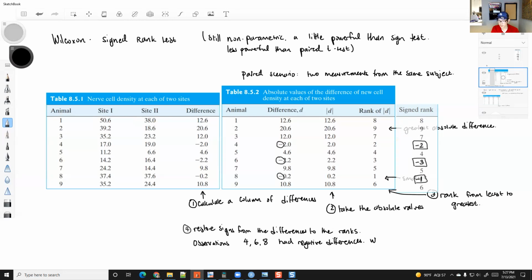So we make their ranks negative, along with the corresponding ranks. All right, and now we sum the negative ranks and the positive ranks. Sum the signed ranks.